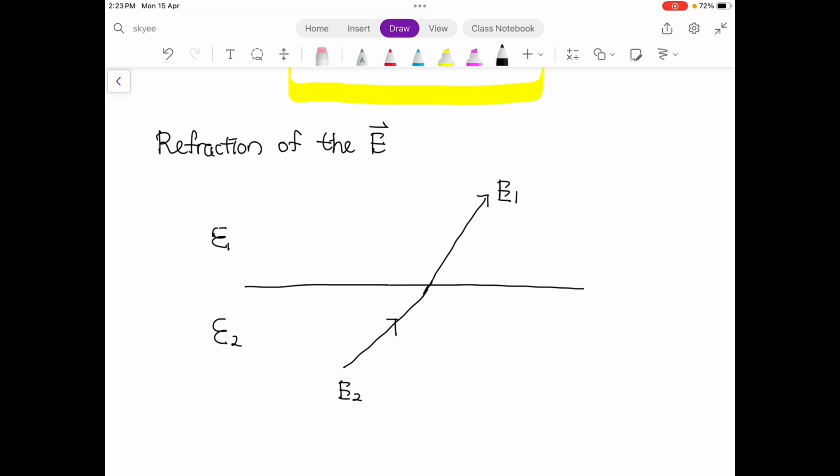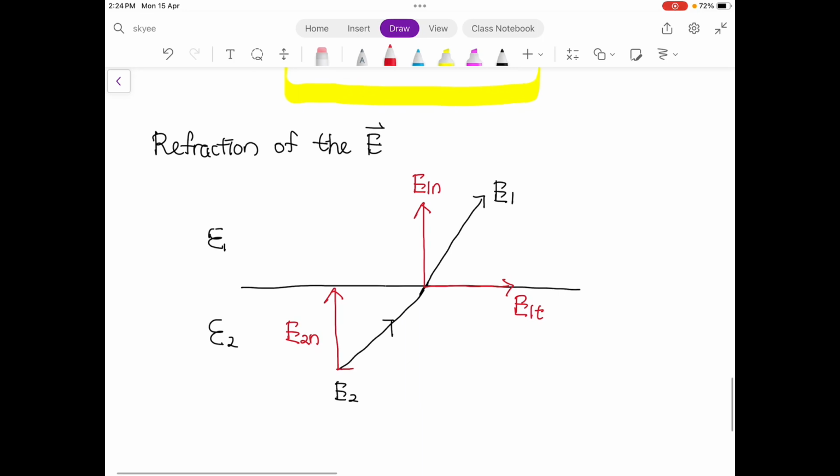And you can break it into two components, like we mentioned earlier. There is a normal component, and this is the tangential component. So this is E1 normal, E1 tangential, and this one you can also break. This is E2 normal, and this is E2 tangential.